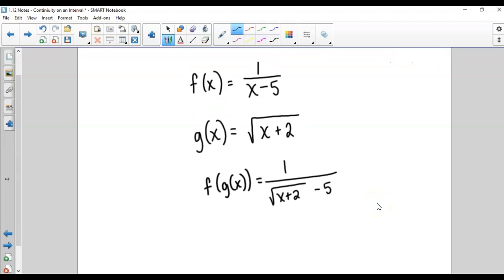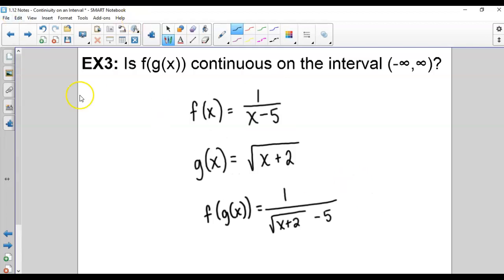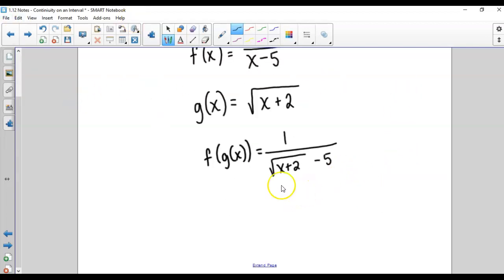Okay, so this particular function has a lot of problems with it. So I'm going to look at both of them, although just one will be fine to answer this question. Is it continuous? Because that's a yes or no question. So in this function, we have both the square root and we have variables in the denominator.